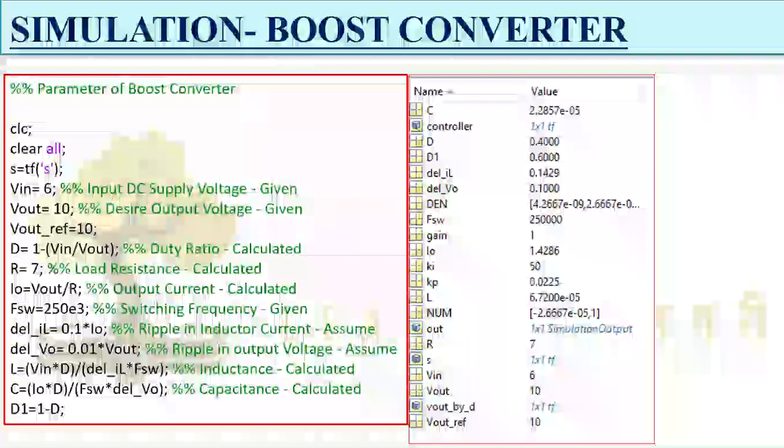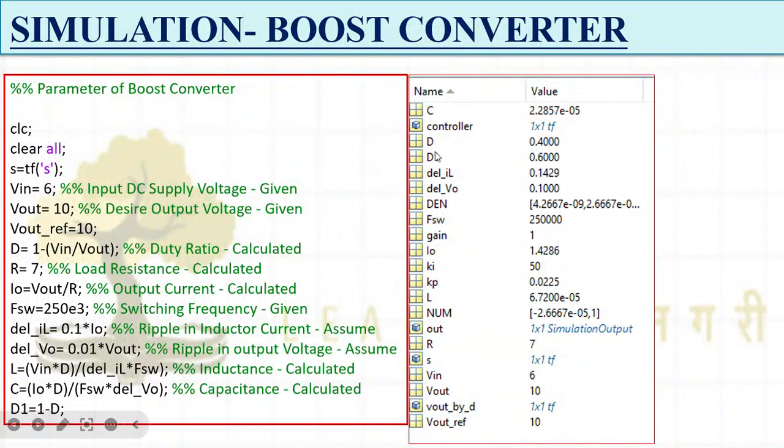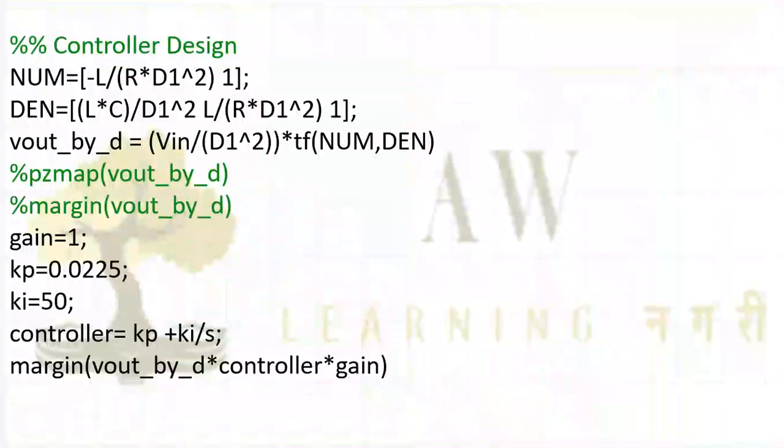Make a separate folder, put these two files there, and if you want to do some other simulation, take another folder and put that simulation file and script file there. So these are my script parameters, and I will link them with my slx file. You just have to run this and it will automatically attach to that file.